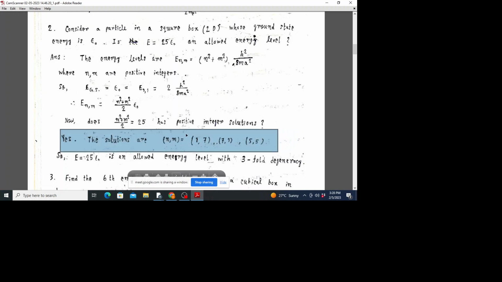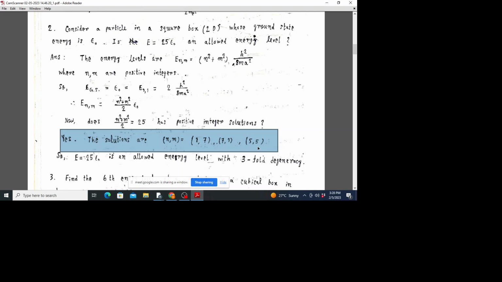There is no straightforward algorithm, but you can rely on your observation. You see that yes, there are solutions. These solutions are 1,7, and of course then 7,1 will be another, and then 5,5. So there are 3 solutions to the equation n square plus m square by 2 equal to 25.